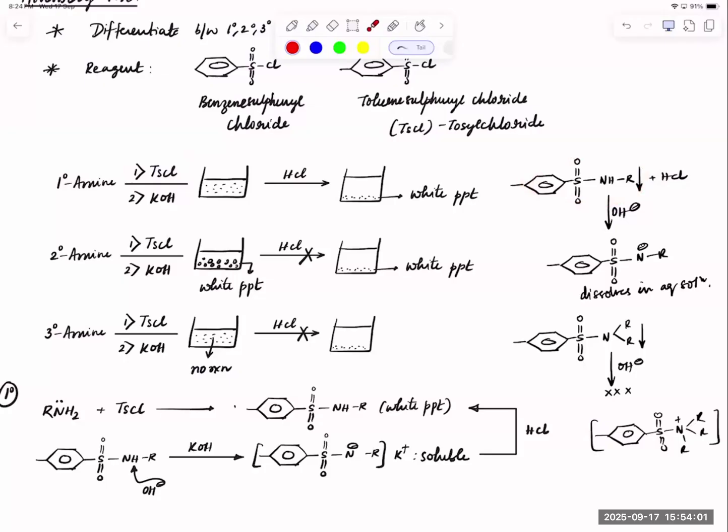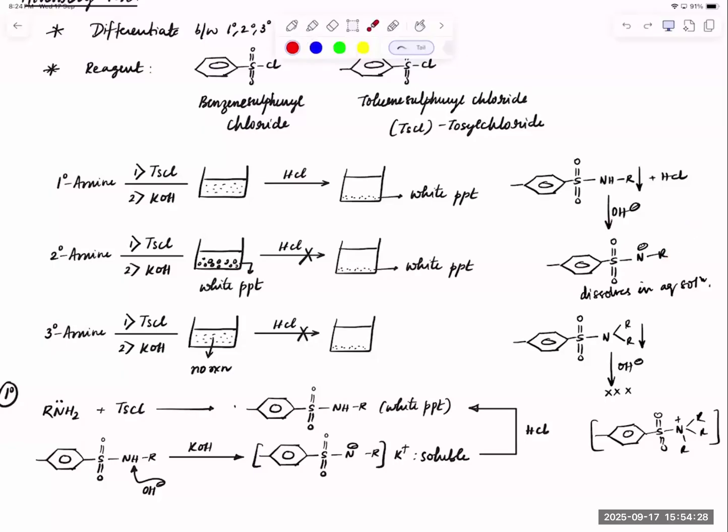So this is known as sulfamide. So N substituted sulfamide. This N substituted sulfamide, what you would see when you add a base to it, because it is a white PPT, the minute you add base to it, OH minus will take H plus and convert into a salt form, which dissolves again in aqueous solution. So this will get dissolved in aqueous solution.